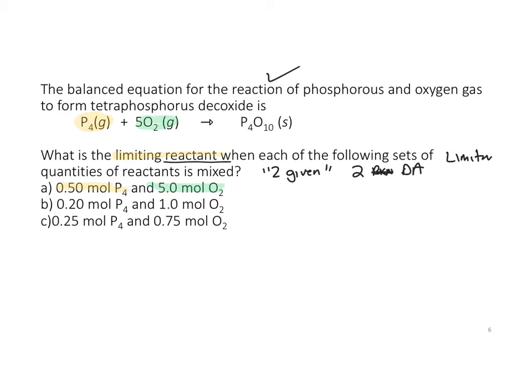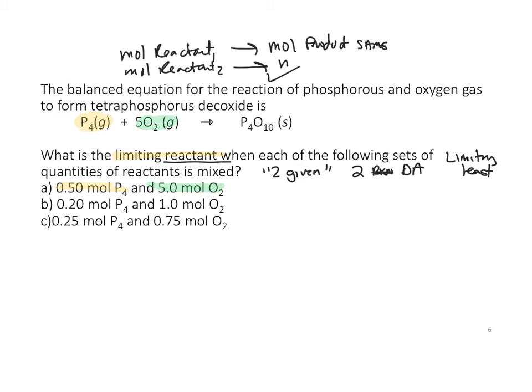And the limiting is always the least. And so what you do is you go from moles of reactant to mole of product. And it should always be the same product. And you're going to do that for reactant 1 and then mole of reactant 2 to mole of the same product.